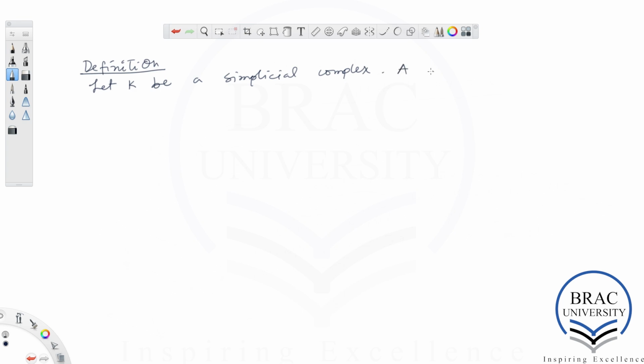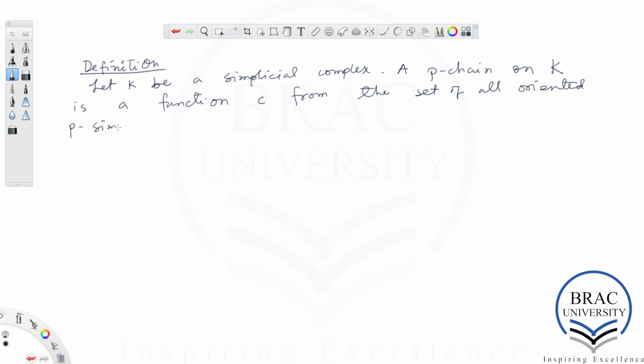A p-chain on the simplicial complex K is a function C from the set of all oriented p-simplices of the simplicial complex K to the set of integers such that 1.